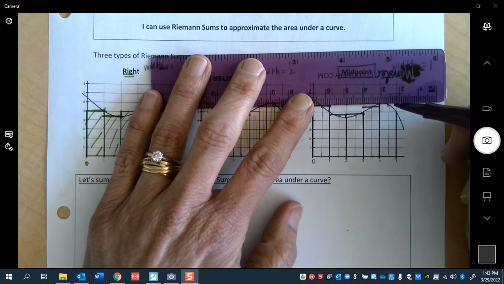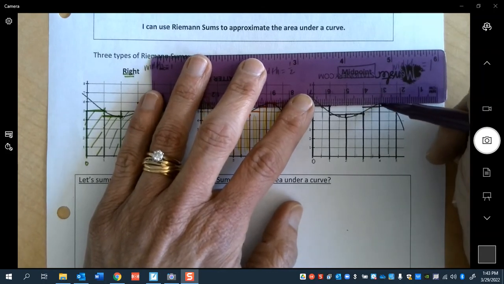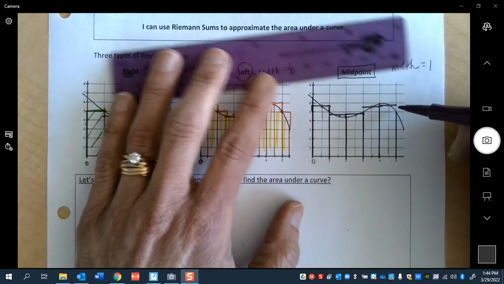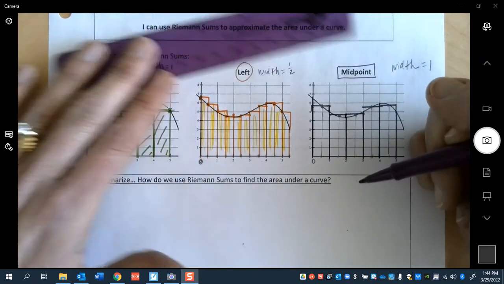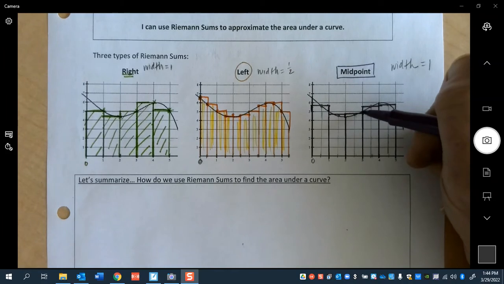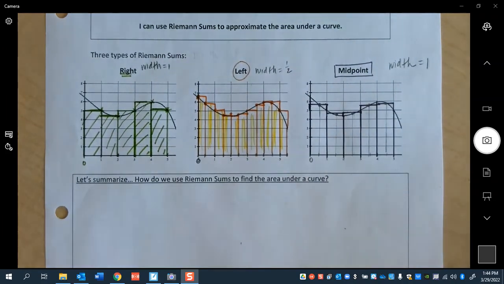And this is obviously our most accurate, because a lot of times on each graph, we have both an overestimate and an underestimate. We can see here there's over and underestimate. So theoretically, they balance each other out.